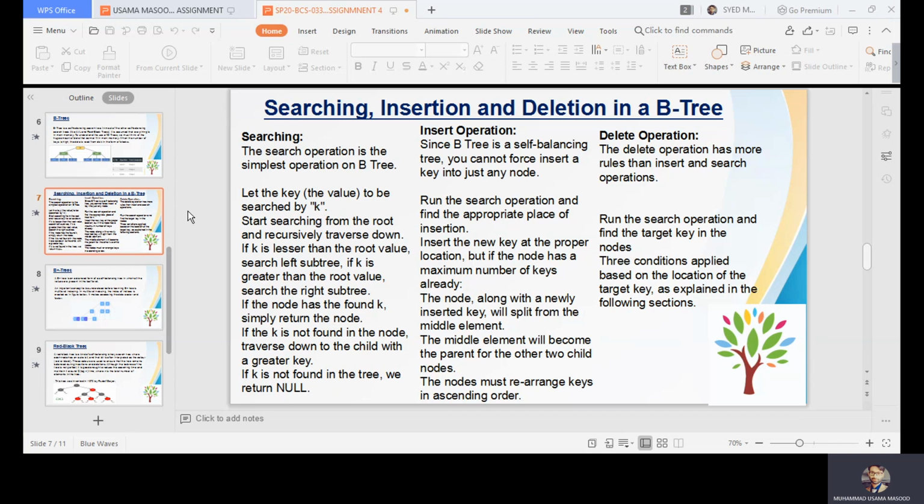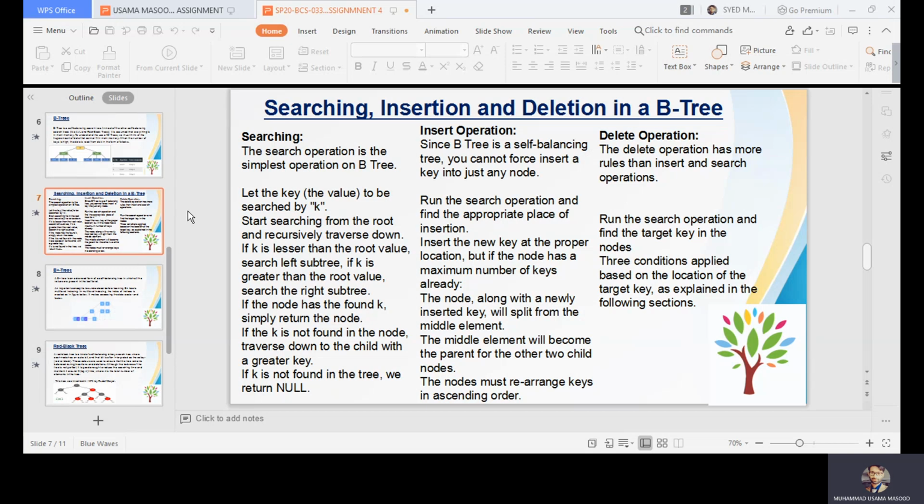Coming to searching, let the value to be searched be the key k, and start searching from the root and recursively traverse down. If k is lesser than the root value, search the left subtree, and if k is greater than the root value, search the right subtree.